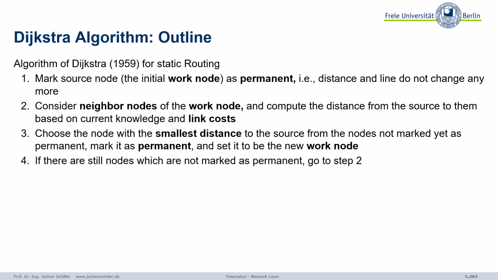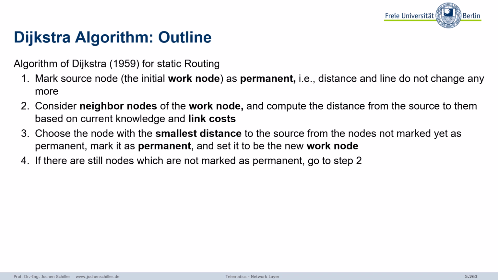And I can give you a quick example. It's from 1959. So you mark the source node, say okay, you start, and each node has to do this. So you take one of the nodes, for example node A, and you say this is our starting point. We mark it as permanent. And then you look at the neighbor nodes of the working node, and you compute the distance from the source to them.